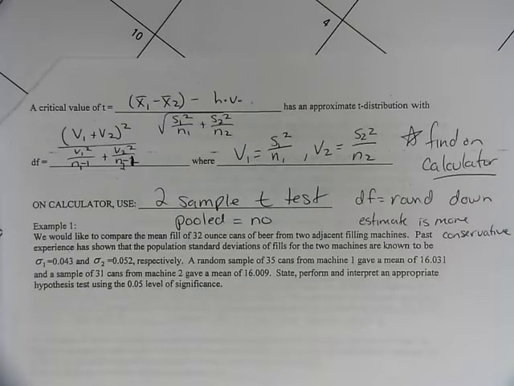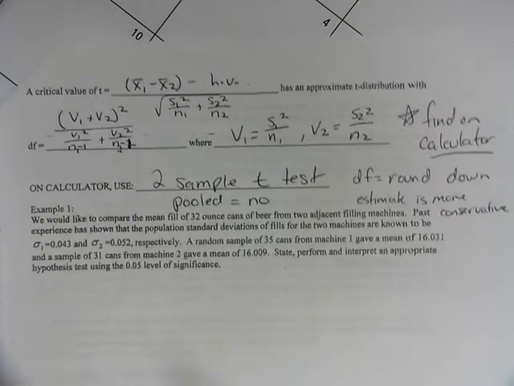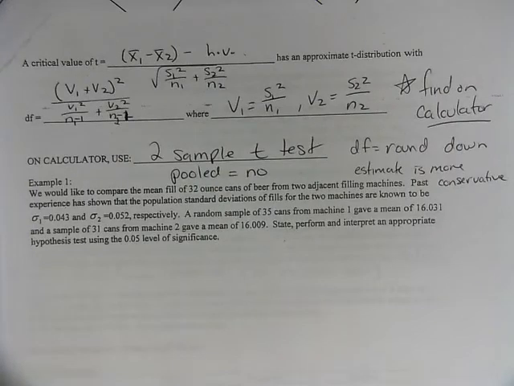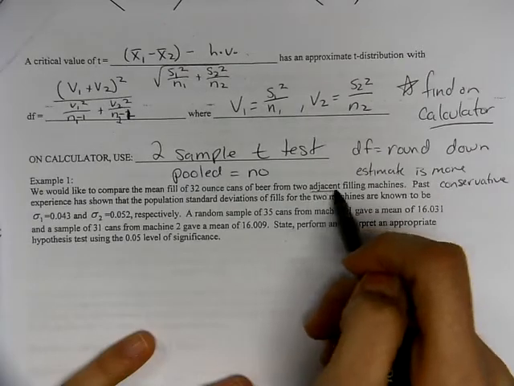Okay, let's do an example so we can put this all together. Your conclusions are going to be the same-ish. So we'd like to compare the mean fill of 32-ounce cans of beer from two adjacent filling machines.